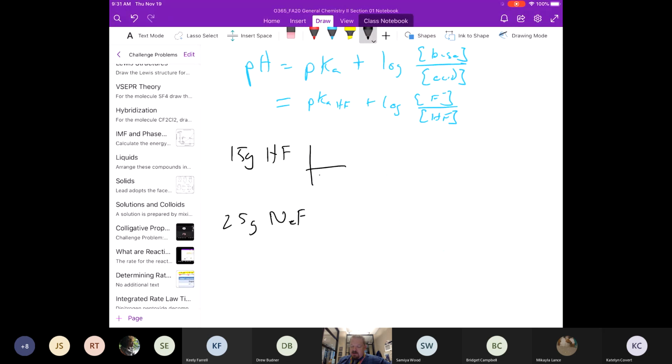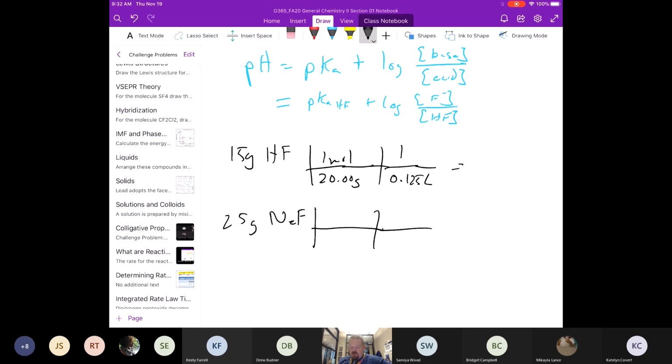So this is approximately 20 for 1 mole. And we want a molarity, so then we have to divide by the volume. The 125 milliliters is 0.125 liters.